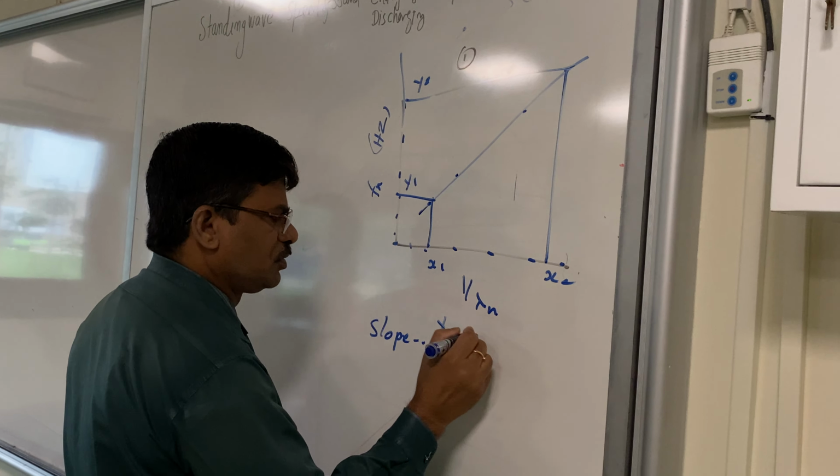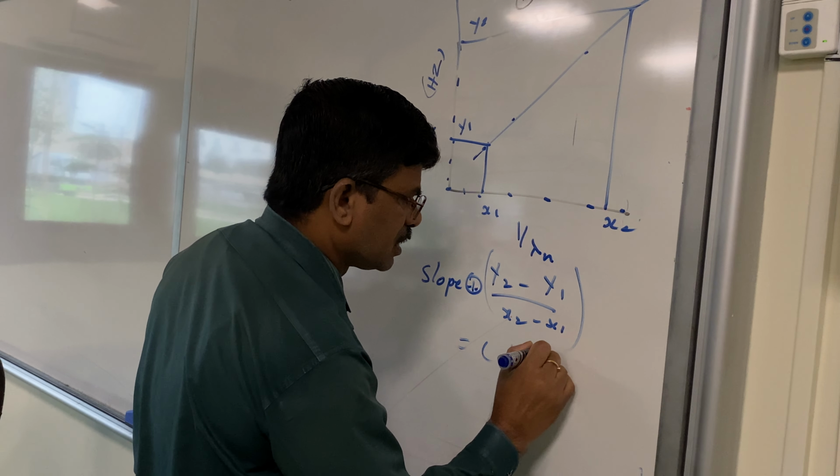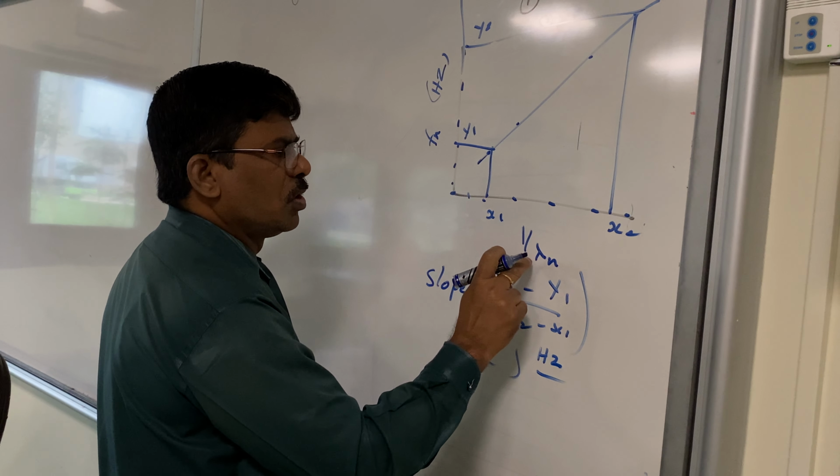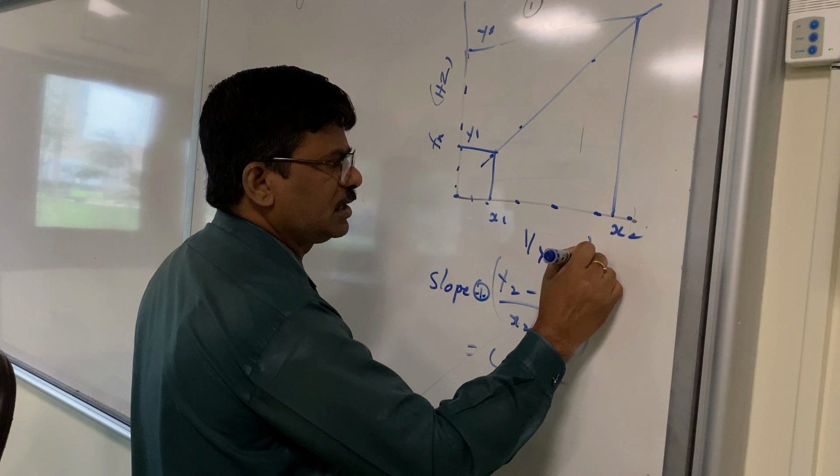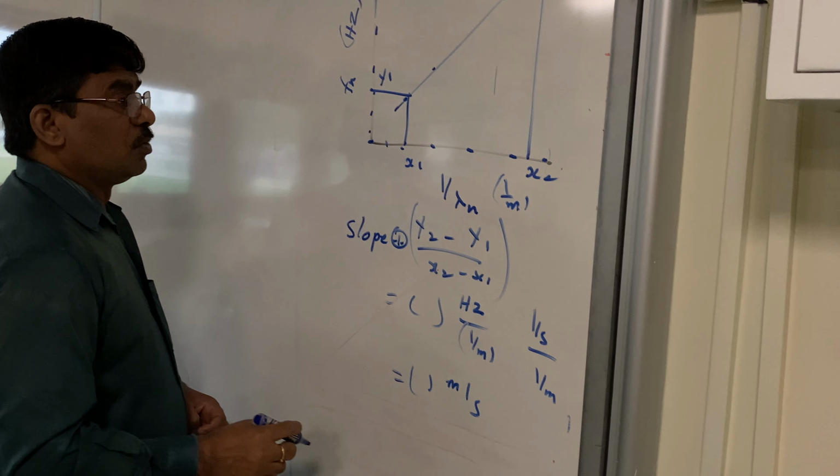What is the unit? Hertz divided by 1 over meter, right? How to get it? Hertz is 1 over second. 1 over 1 over meter is meter, so meter over second. Is that right? Now you got the slope.